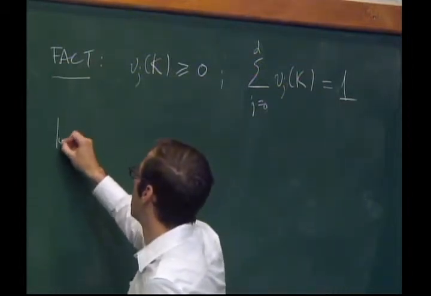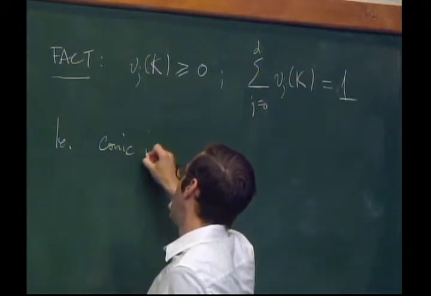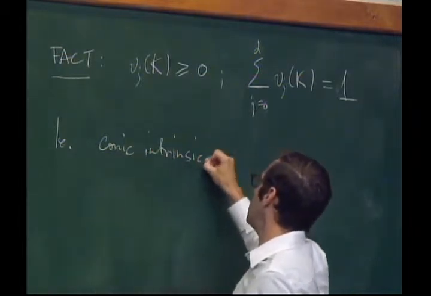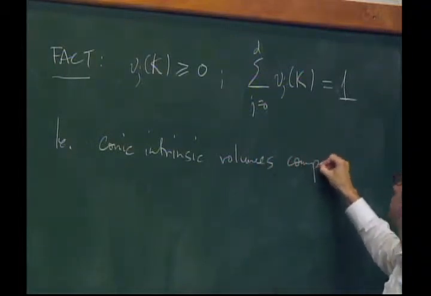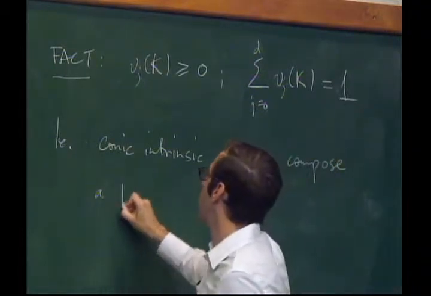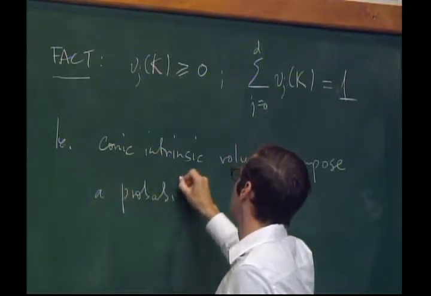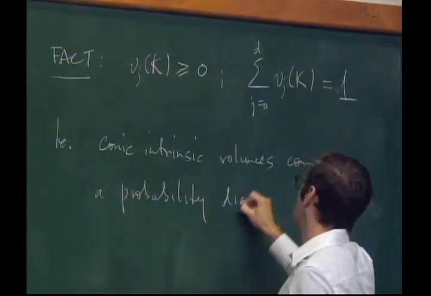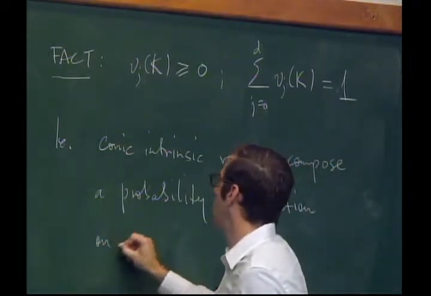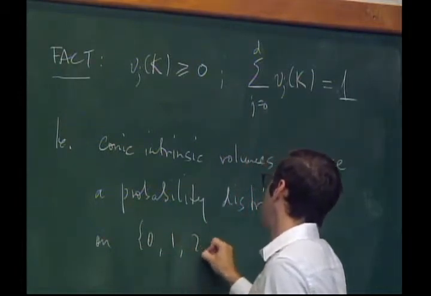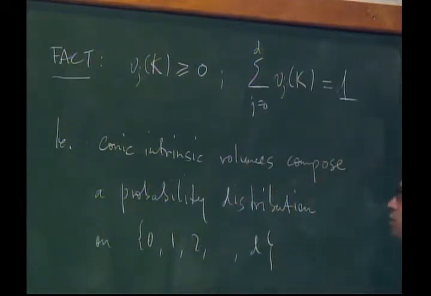So in other words, the conic intrinsic volumes compose a probability distribution on the set 0, 1, 2, and so forth up to D. So this is important for the interpretation that we'll come to in another moment.